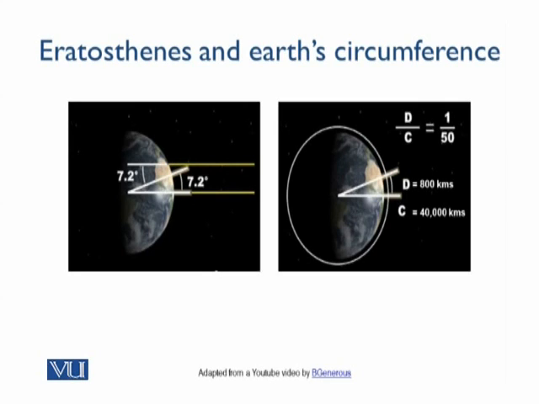So he calculated the Earth's circumference to be 40,000 kilometers, which is accurate to a few percent. So this is not bad for a measurement which was done without any instruments and almost 2200 years ago.